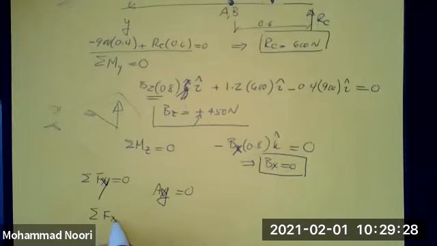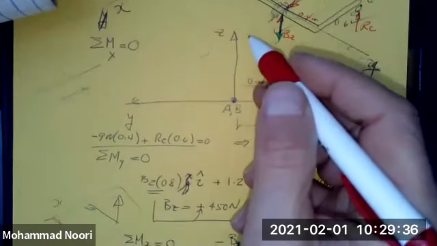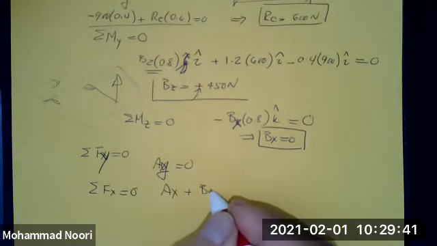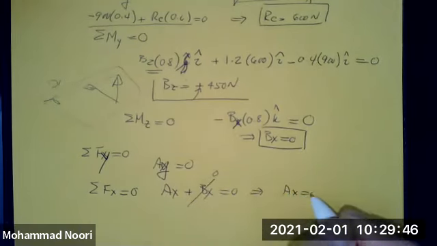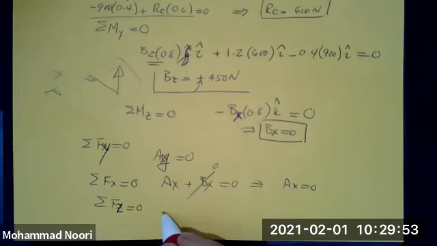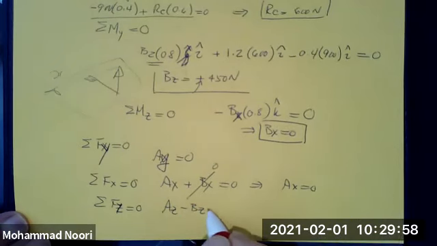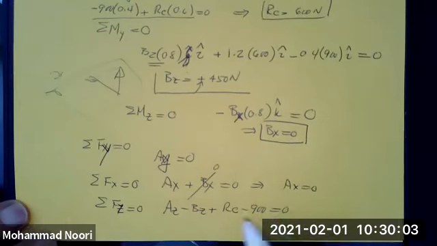If I write the summation of forces along X equal to 0, I have AX plus BX, which I found to be 0, equal to 0. So AX is equal to 0. And then the summation of forces along Z equal to 0: I have AZ minus BZ plus RC minus 900 equal to 0.